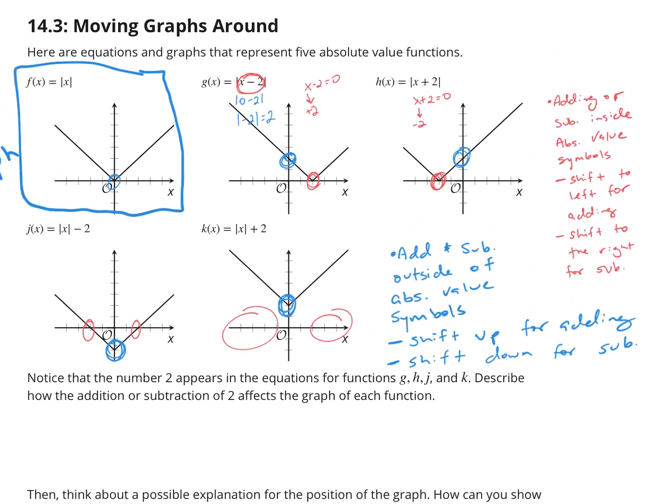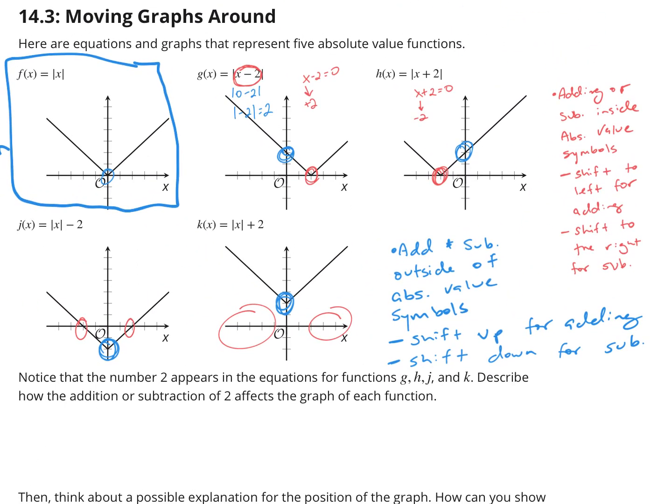So although yes, you can memorize this, it's very helpful to know why the shifts are occurring and have a better understanding of that, because sometimes we forget these kind of rules. So try to think about the x and y intercepts and what's happening to those and causing that shift.